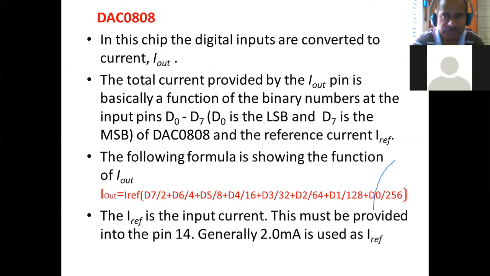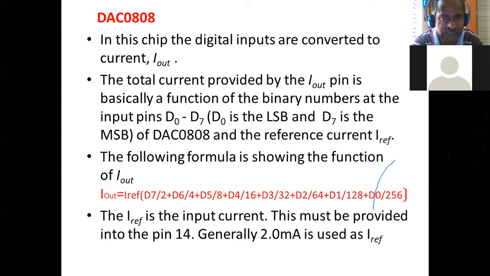Now we are going to interface a DAC 0808. It is an 8-bit digital to analog converter. It accepts 8 digital inputs from D0 to D7 and it provides analog output.